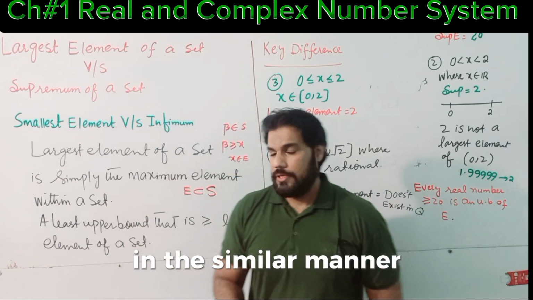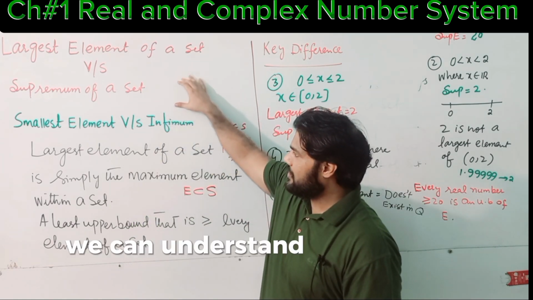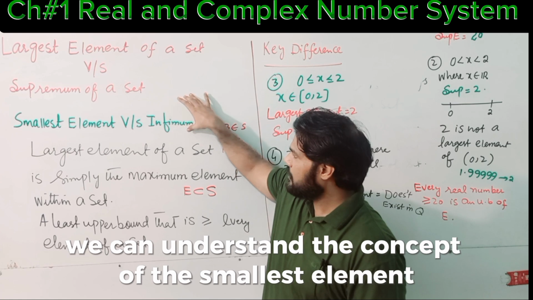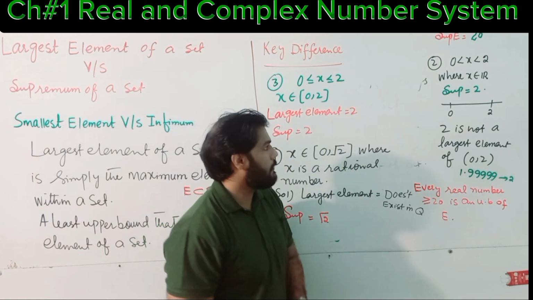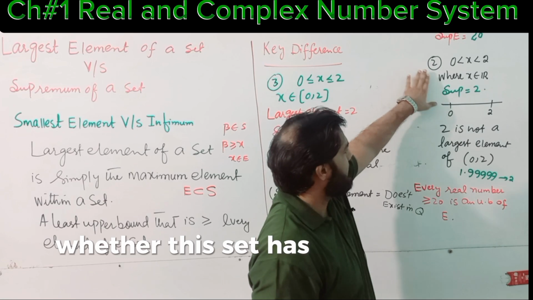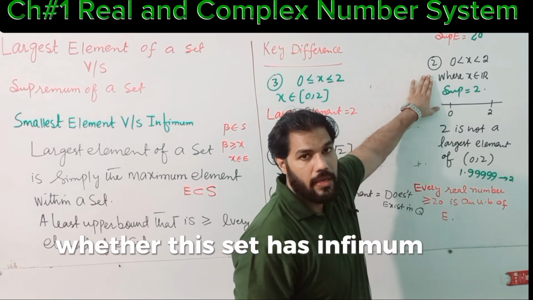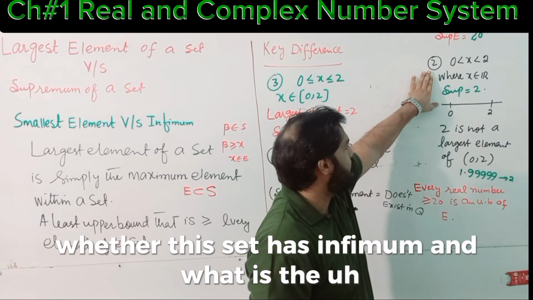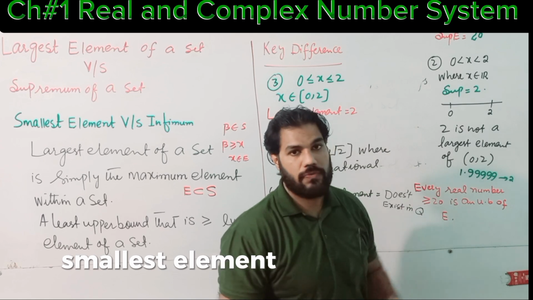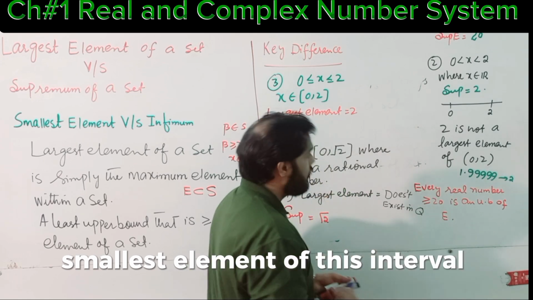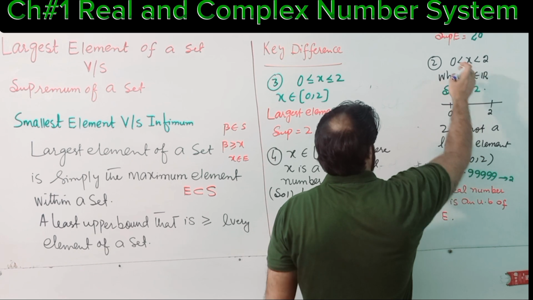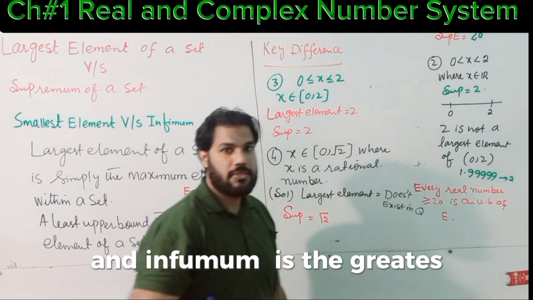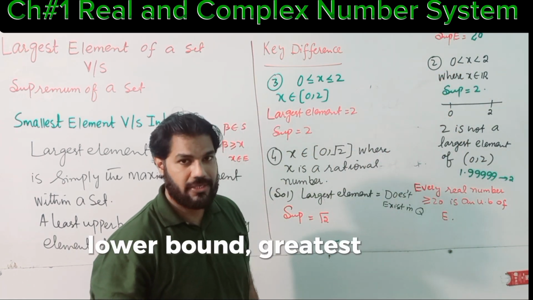In a similar manner, we can understand the concept of the smallest element and the infimum. Does this set have an infimum, and what is the smallest element of this interval? You know that here x is a real number and the infimum is the greatest lower bound.